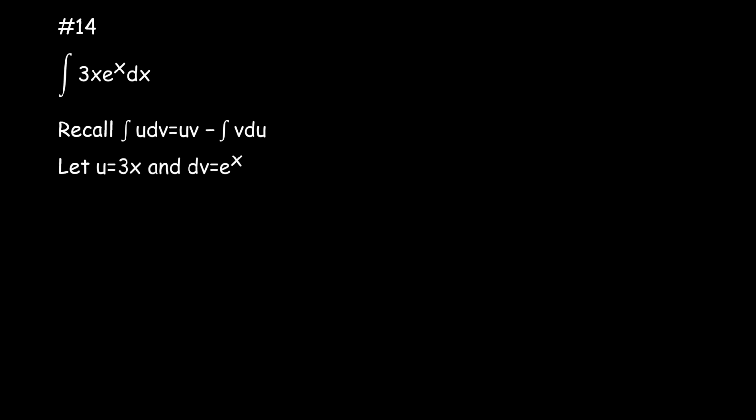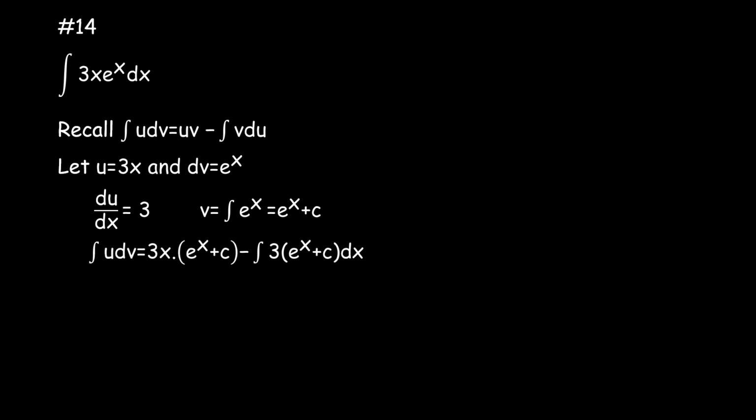So u being equal to 3x and dv being equal to e to the power x, this would give us du by dx, which is 3, and the integral of e to the power x, which is just e to the power x plus the c, right? Substitute into our formula, we should get 3x times (e to the power x plus c) minus the integral of 3 times (e to the power x plus c).